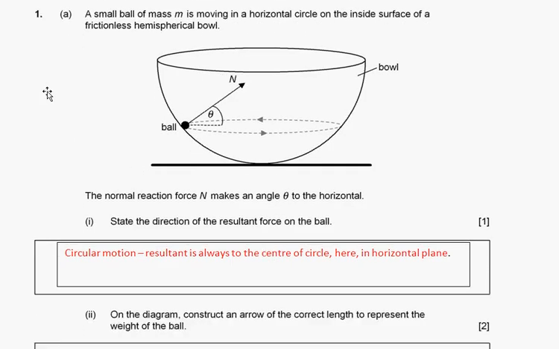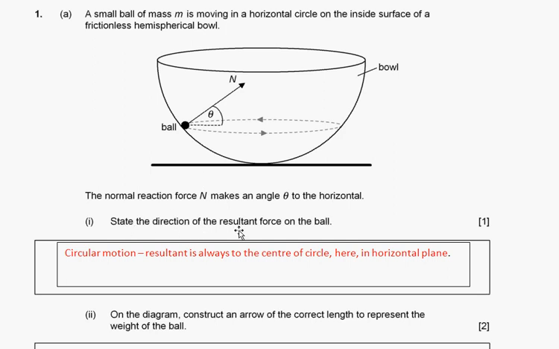Question 1. A. A small ball of mass m is moving in a horizontal circle on the inside surface of a frictionless hemispherical bowl. So the ball moves in a circle along this path. The normal reaction force makes an angle theta to the horizontal.